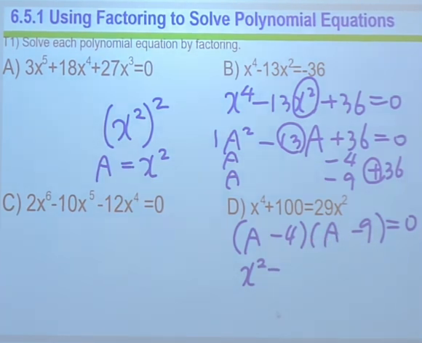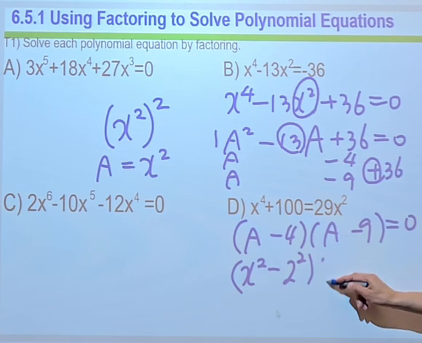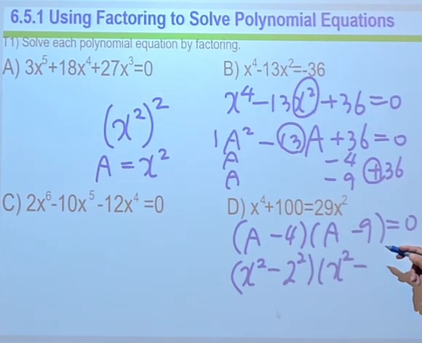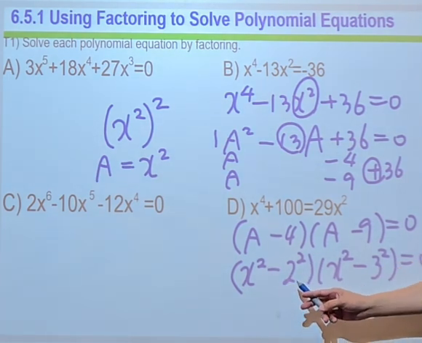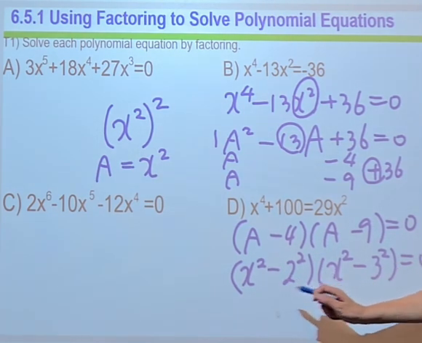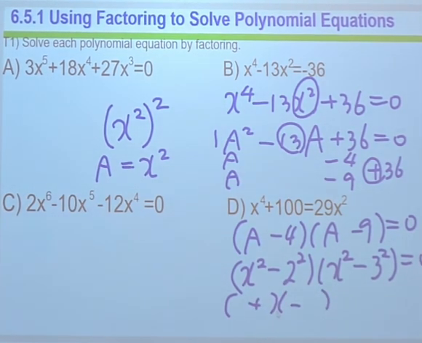And 4 is a perfect square number, 2 squared, and 9 is also a perfect square number, 3 squared. We practiced the difference of squares. You remember? The difference of squares is the product of the sum and the difference. So x and 2 gives x plus 2 times x minus 2, and x and 3 gives x plus 3 times x minus 3 equals 0.